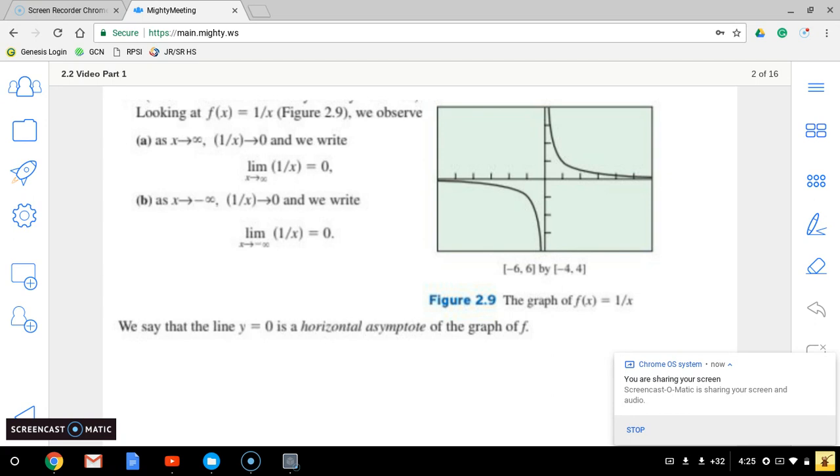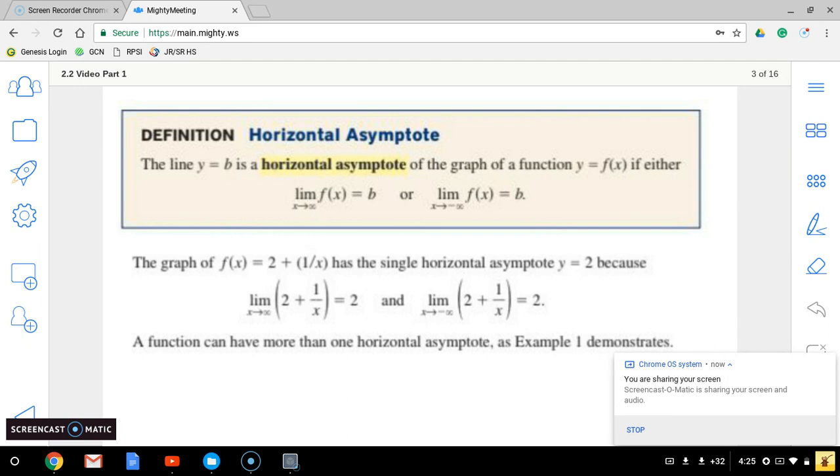At this point, we say that we have a horizontal asymptote of the graph at the line y equals 0, because we will never cross 0. The line y equals b is a horizontal asymptote of the graph of a function y equals f of x if either the limit of f of x as x approaches infinity equals b, or the limit of f of x as x approaches negative infinity equals b.